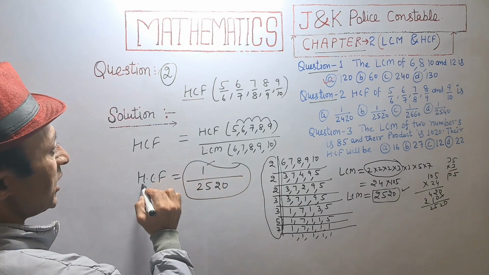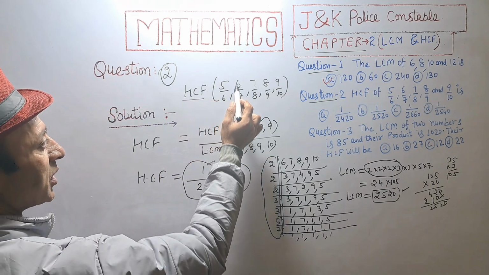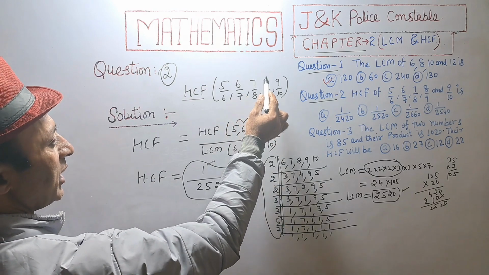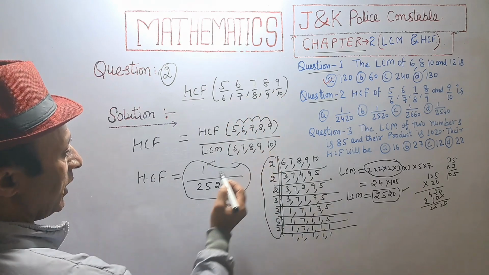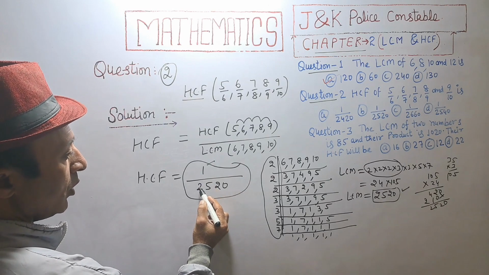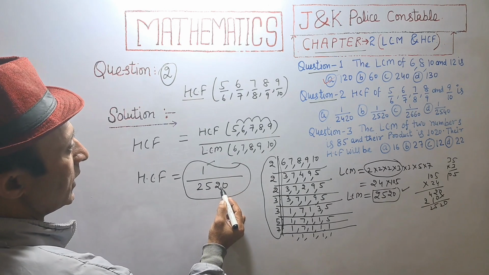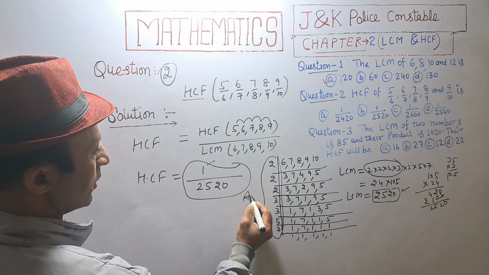So HCF of 5 upon 6, 6 upon 7, 7 upon 8, 8 upon 9 and 9 upon 10 is equal to 1 upon 2520. Answer.